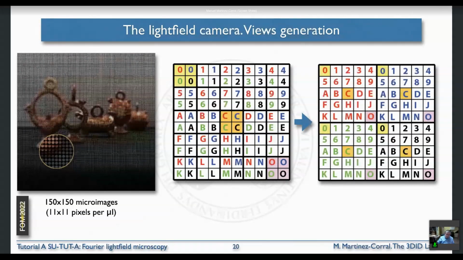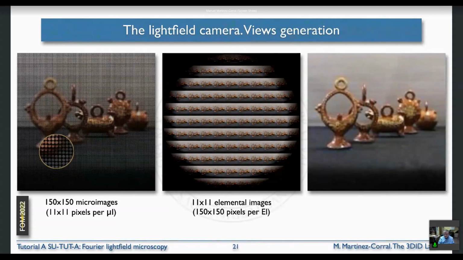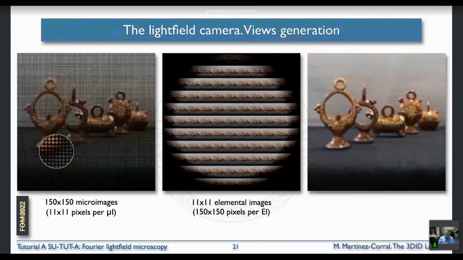So from this information captured with the Plenoptic camera, we can calculate a collection of elemental images, each with a different perspective information. So sorry for the quality of this movie, but now, okay, the number of pixels of the elemental images is very low in this case. Yeah, you can see that in the Plenoptic camera, we have a single sensor which is receiving all the information, and therefore resolution here, pixel resolution, is worse than in the case of using a collection of digital cameras.